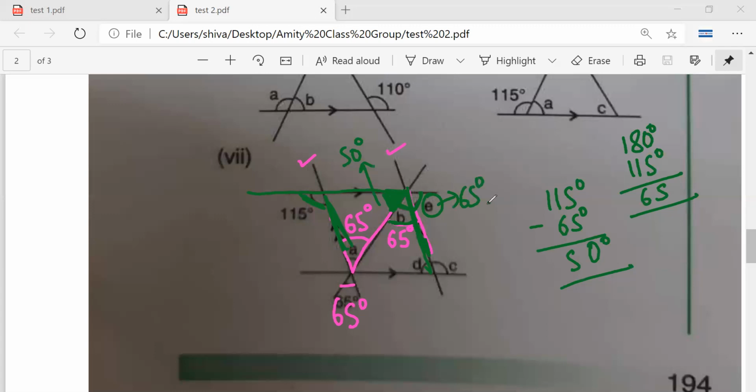Mr. Satya, have you understood? Yes. Okay. If E is 65, Mr. Sarthak, what would be D?